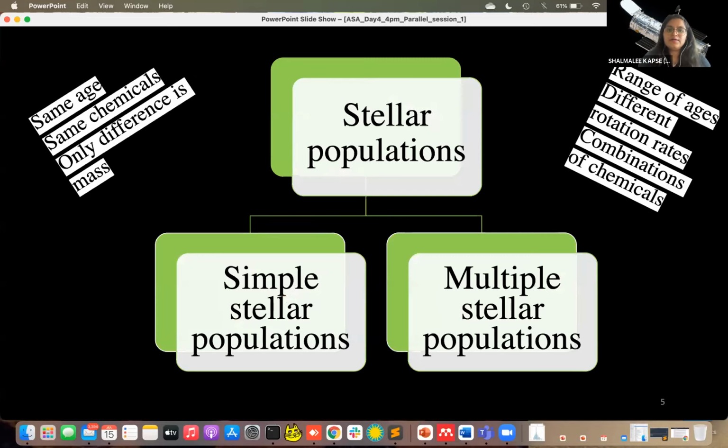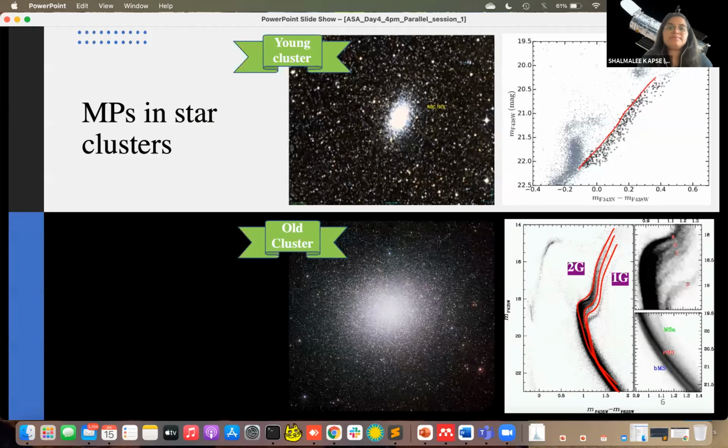So we categorize the stellar populations into two types. One is simple stellar population, which can be defined as having the same age and same chemical composition, with only a difference in mass. And multiple stellar population can be defined as having multiple isochrones, that is, a variety in age range, different rotational rates, and combinations of chemical compositions.